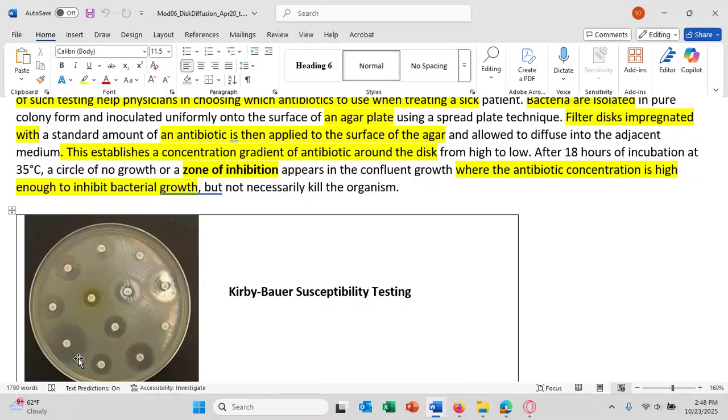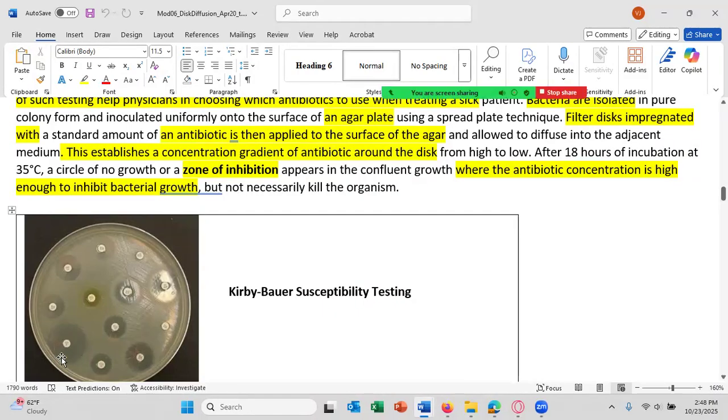Like penicillin G generally creates a zone of inhibition, at least for gram-positives, which will have no viable bacteria within the zone of inhibition. So it is a biocidal antibiotic. Any question about any of that?